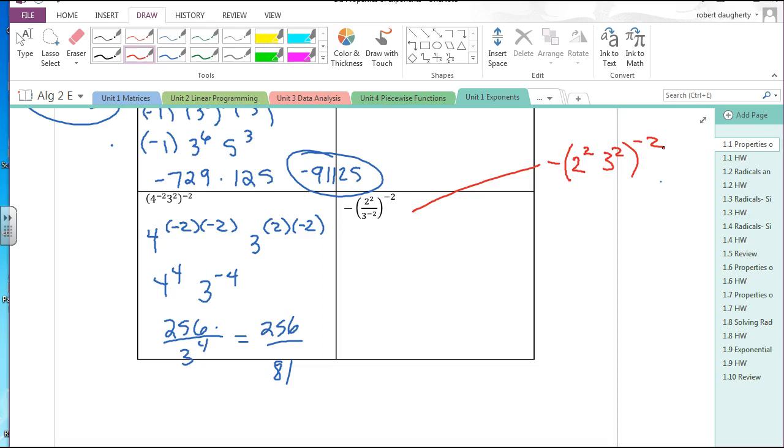Okay, so this is just going to be negative of 2 squared times the negative 2 power. That's going to be 2 to the negative what? 4th. And then 3 to the negative 4th. So that's just going to be 1 over 2 to the 4th, 3 to the 4th, which is 1 over 16 times 81, right?